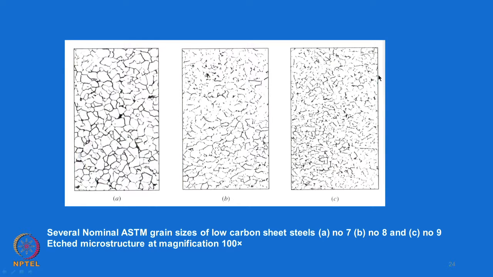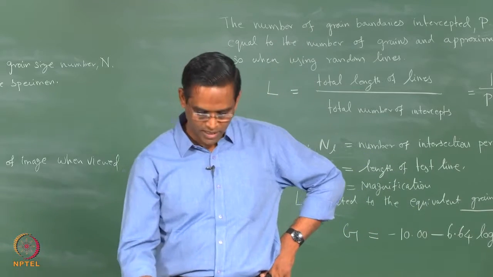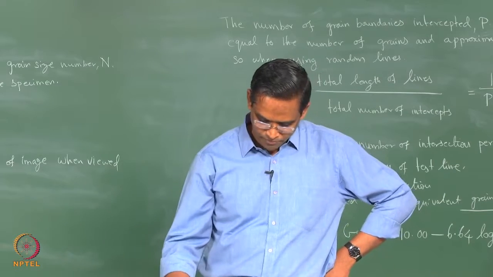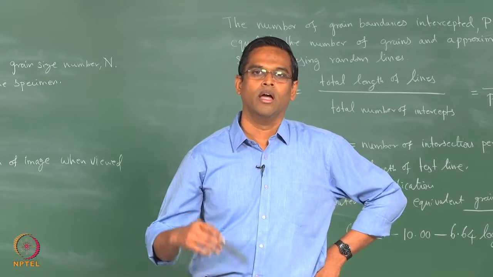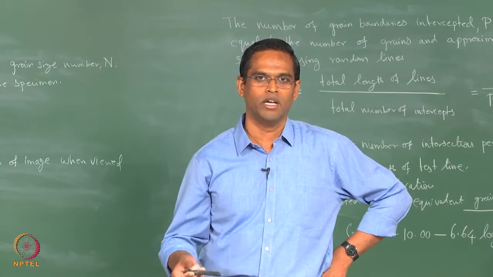That is the one thing you have to keep in mind, and I will show you in the next class, with a few numerical examples, how we can calculate the ASTM grain size number from optical micrographs.